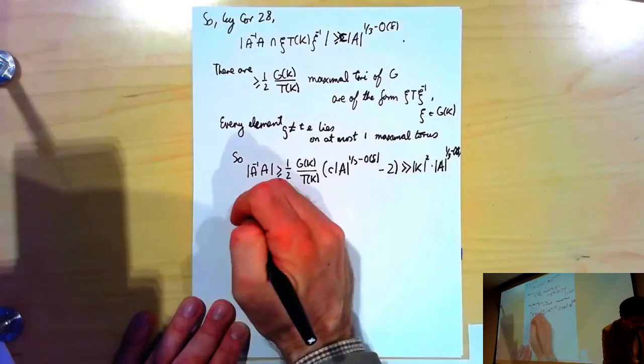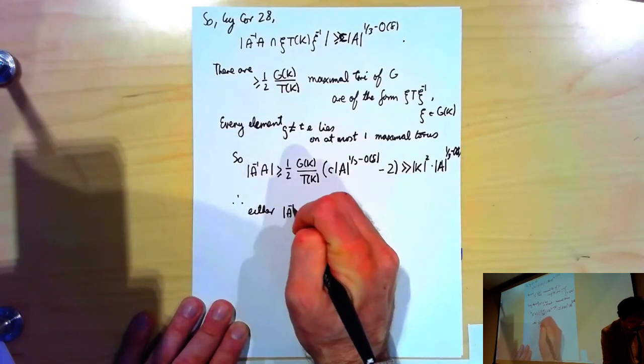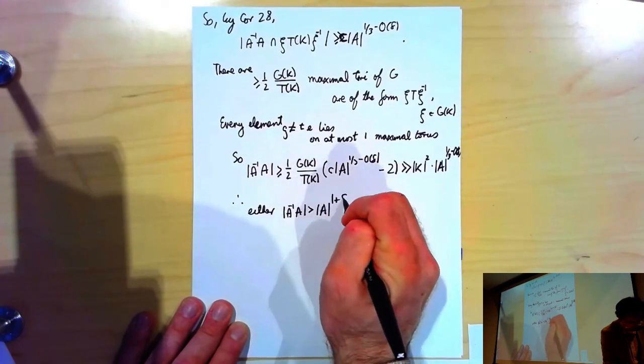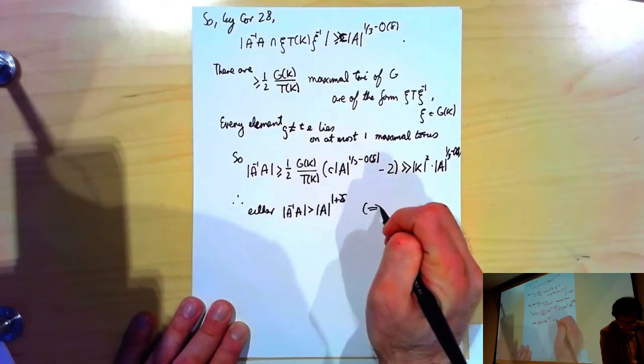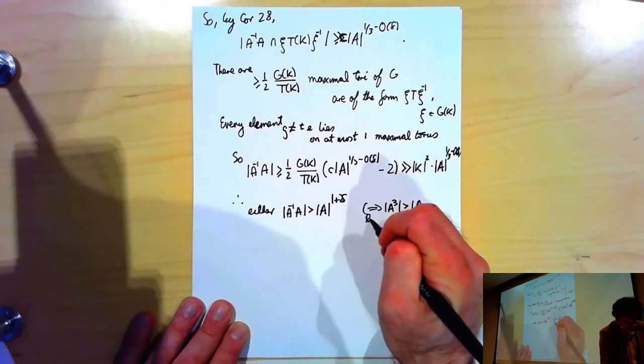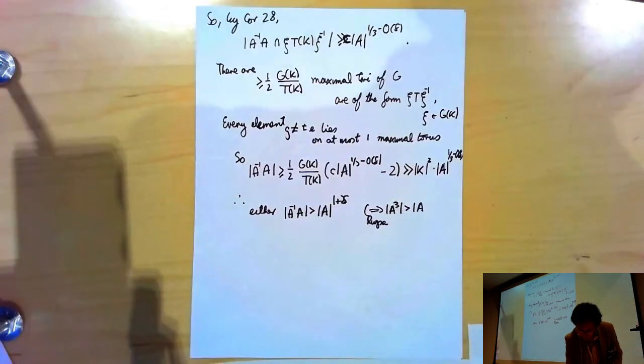And hence, either A inverse A is much larger than A, say A to the 1 plus 2 delta, and this implies, of course, that A cubed is large, again by Ruzsa. I should say Ruzsa here as well.